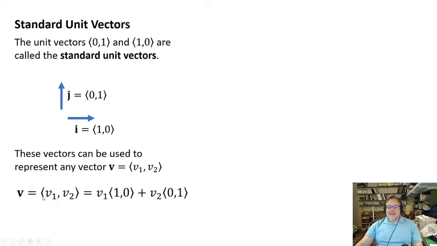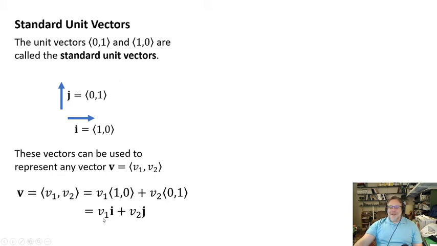Well, the components of vector v are v1 and v2, and we might say that that's equal to v1 times this and v2 times this. In other words, it's v1 of these x values here and v2 of these y values, isn't it? So if this component here is v1, it's v1 of these steps in the x direction here, and v2 of these steps in the y direction here.